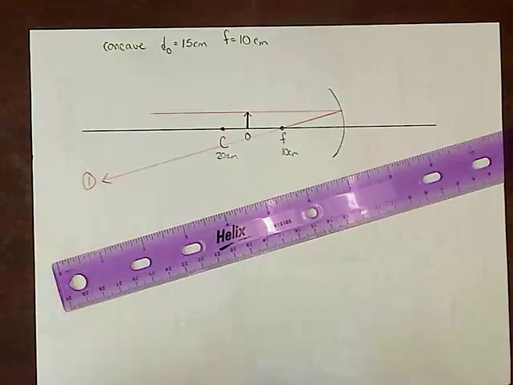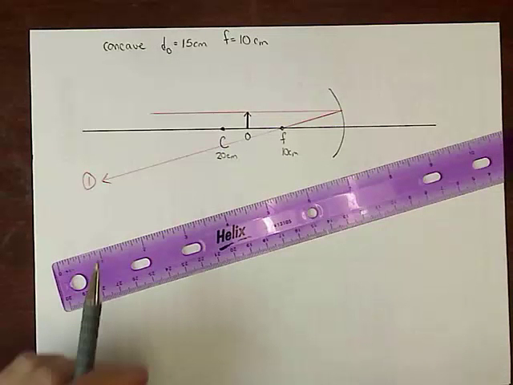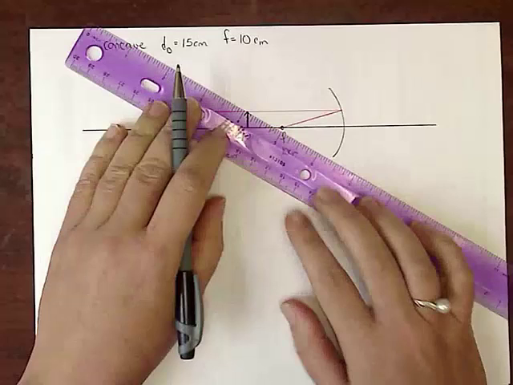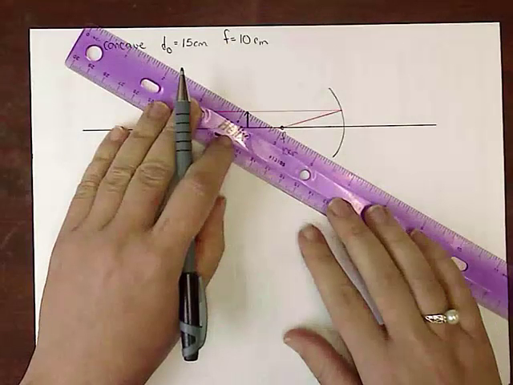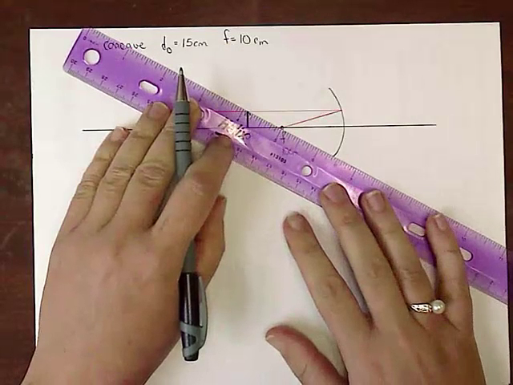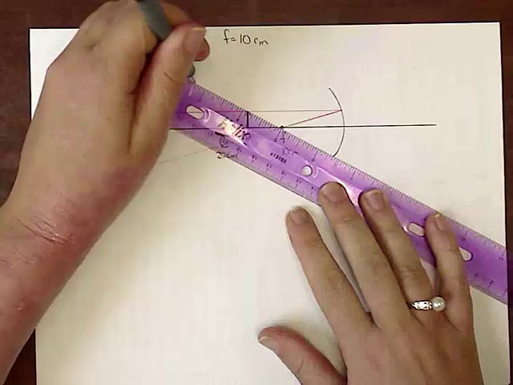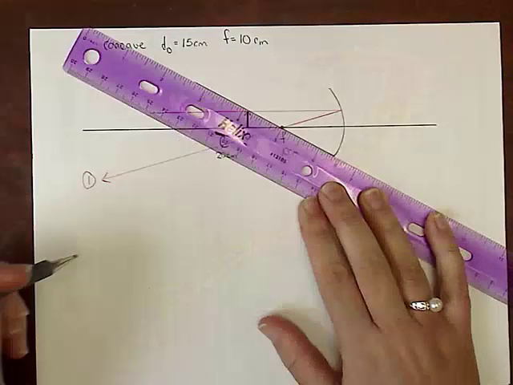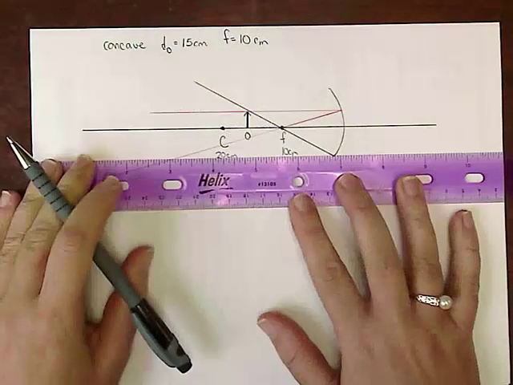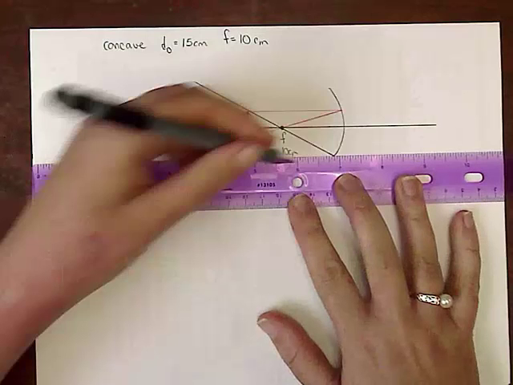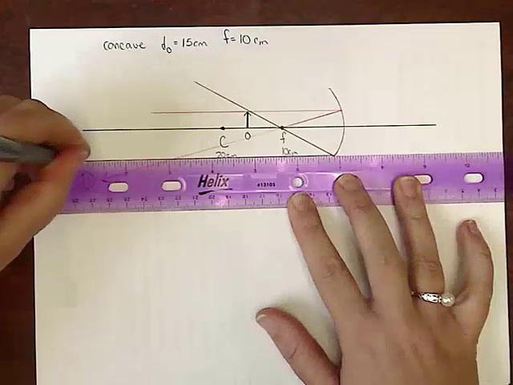Ray number 2 comes in through the tip of the arrow and through F, and hits the mirror. So there we go, like this. And then after that it reflects back parallel to the axis like that, ray 2.